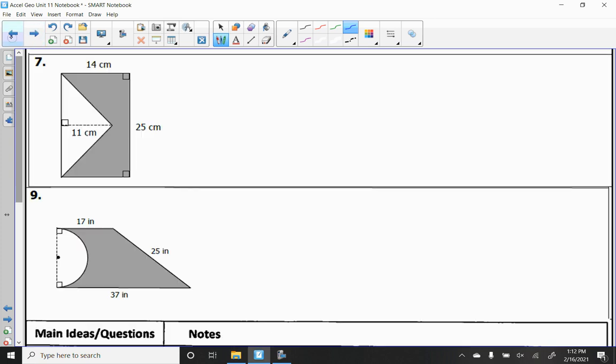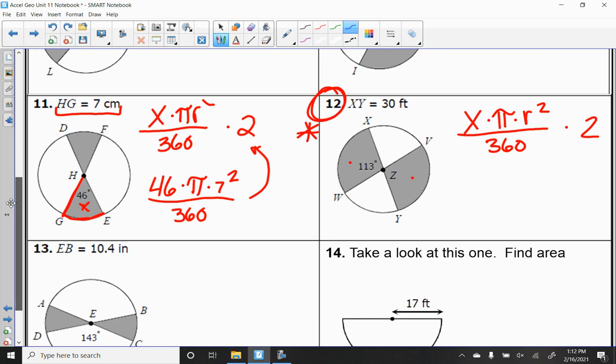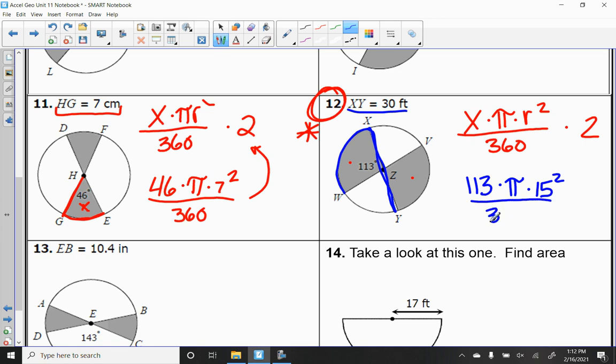Okay, I do have my arc measure of 113, so there's my first x, or number. And be careful here, XY is 30, and XY is a diameter. And we need half of that. So the number we're going to put in here is radius, and that is half the diameter. So just be cautious of that. And then you'll multiply that by 2.